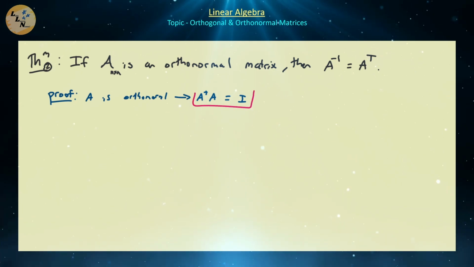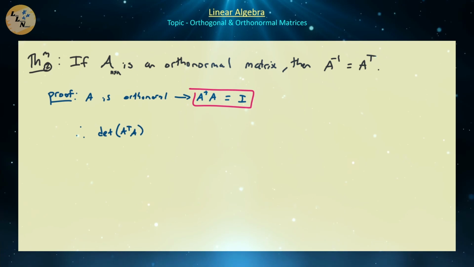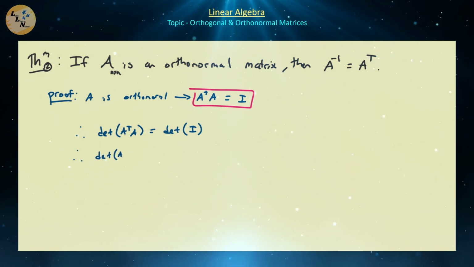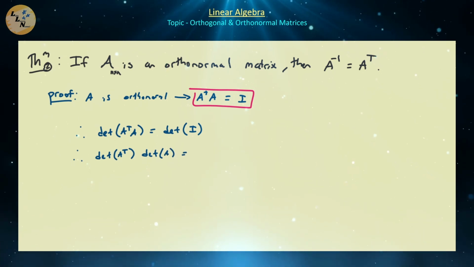So if this is true, which we've already proven, let's find the determinant of both sides of this equation. So the determinant of A transpose A is equal to the determinant of I. The determinant of the product of matrices is going to be the determinant of A transpose times the determinant of A, and that's going to be equal to 1 because that's the determinant of all identity matrices regardless of size.